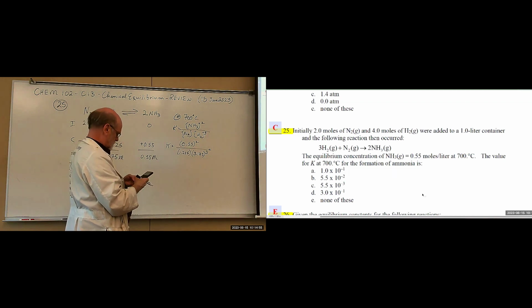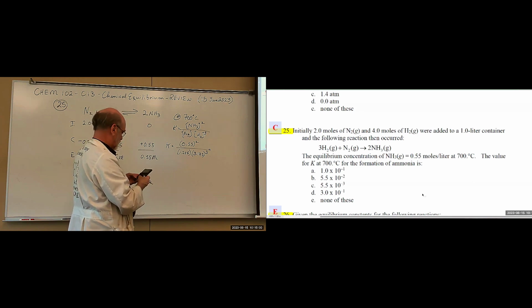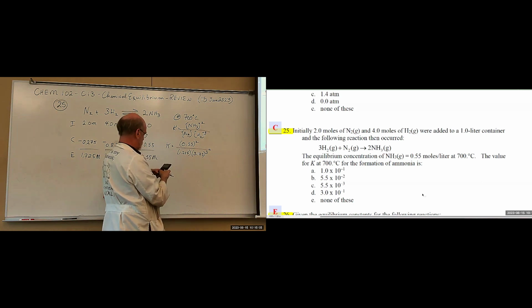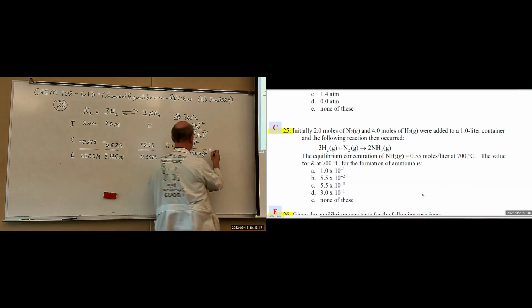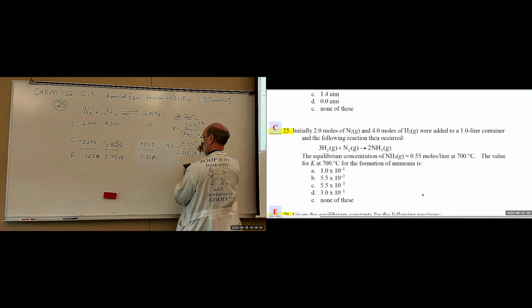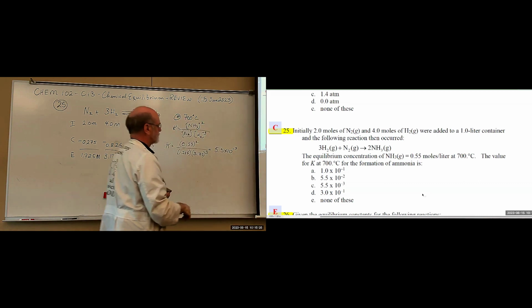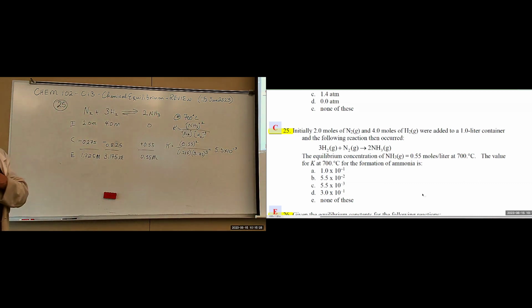I'm going to go ahead and cube this one, and then multiply by that one, and then I'm going to take this one and square it, and then divide that one into it. So I get 5.2, to significant figures, 5.5 times 10 to the minus 3. C. Okay.